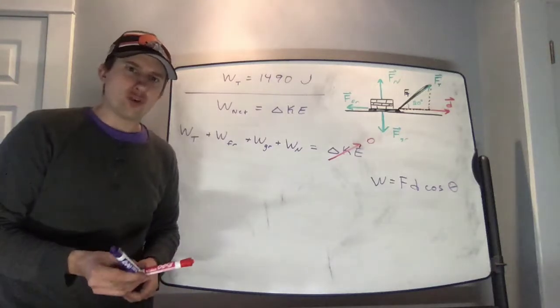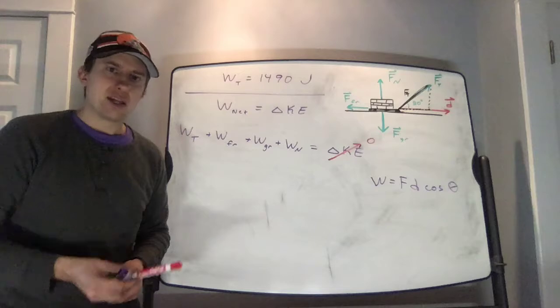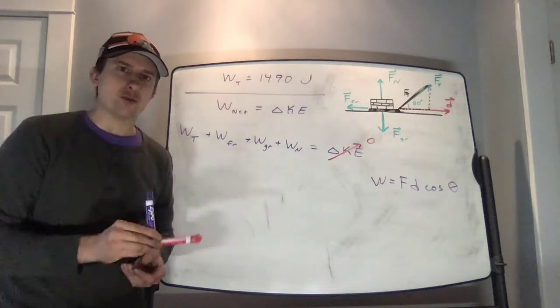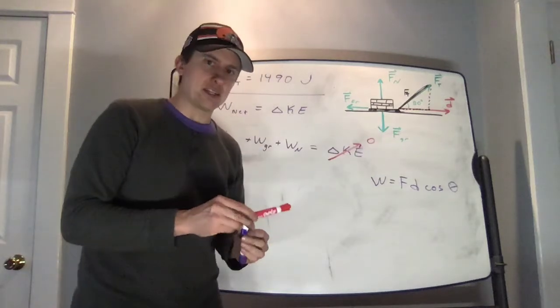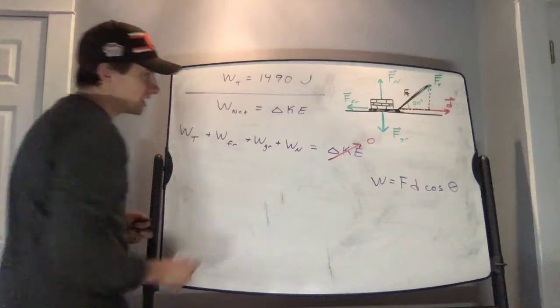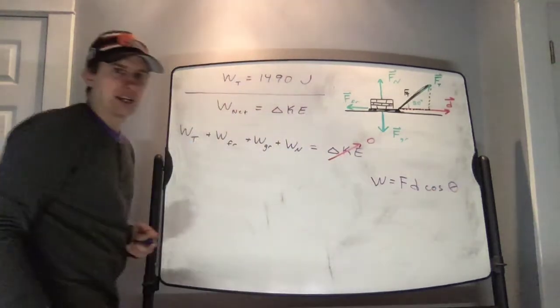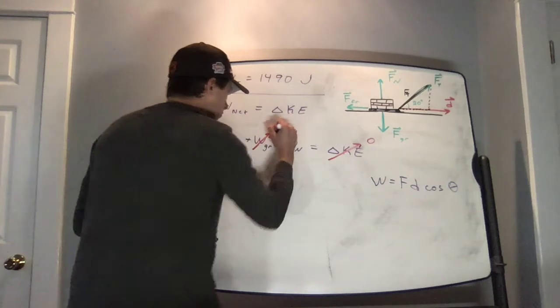So whenever the force is perpendicular to the displacement vector, that force will contribute 0 work. In this case, the force of gravity is 90 degrees away from the displacement vector, so the work done by gravity is just going to be 0.